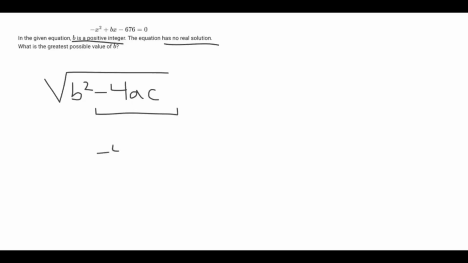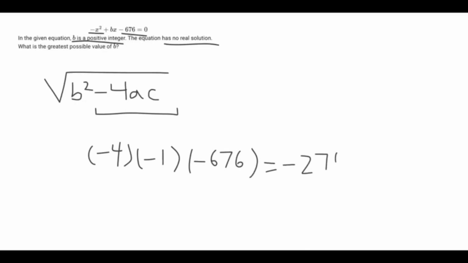So let's first calculate negative 4 times a, we know our a value is negative 1, times c, our c value is negative 676. And this will give us a value of negative 2,704. All right.